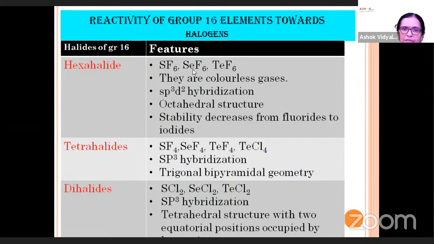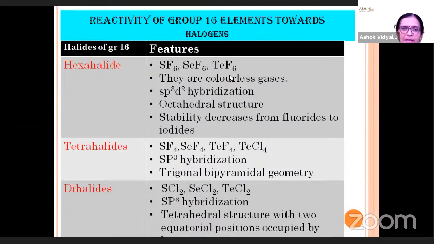Selenium also reacts with fluorine to form hexahalide, and that is SeF6. Selenium hexafluoride SeF6. Tellurium also reacts with fluorine to form tellurium hexafluoride TeF6.